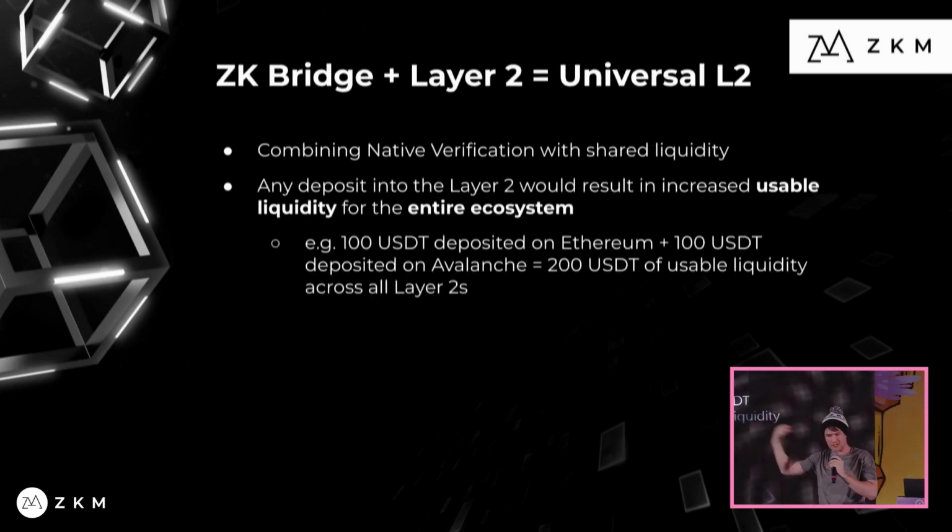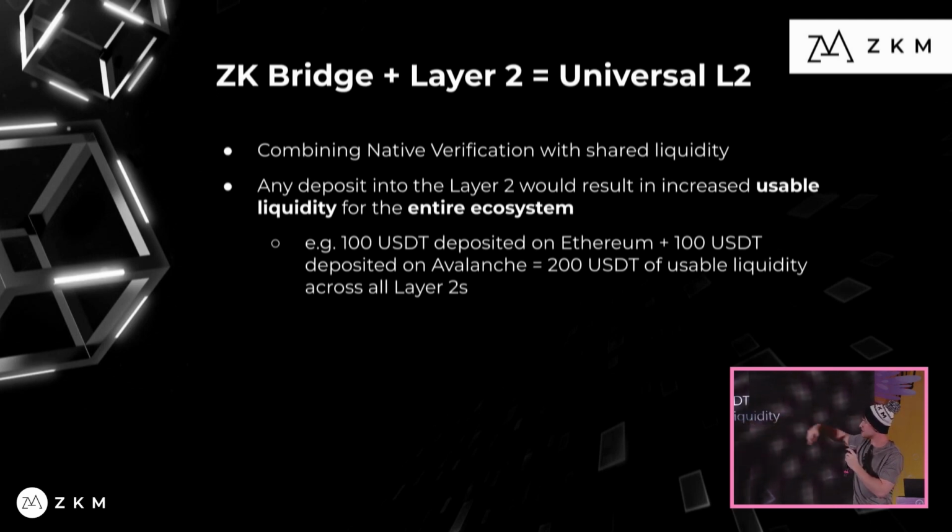So this leads to a potential solution to the problem, where we can take a ZK bridge plus an L2 and combine it together with ZK proofs as that messaging layer.